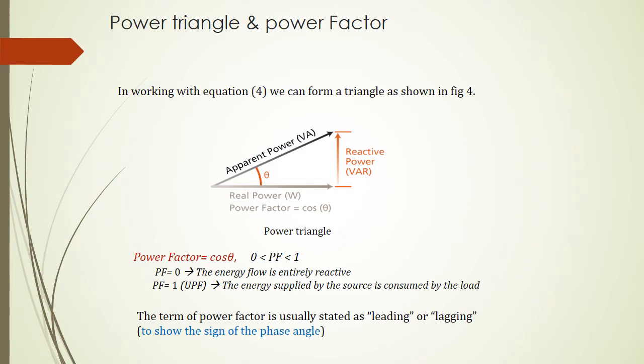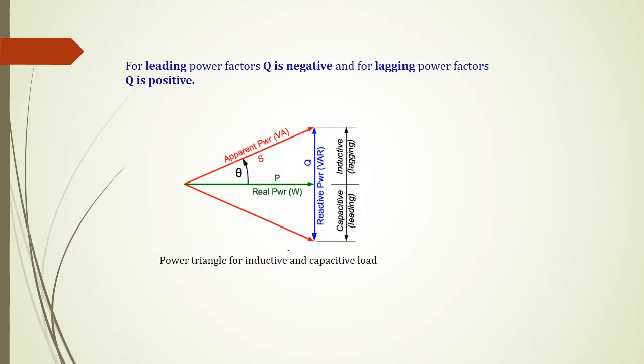That means the energy supplied by the source is consumed entirely by the load. The term power factor also comes with the terms leading or lagging to show the sign of the phase angle. So here is the graph that explains leading and lagging power factor. For a circuit with inductive character, for example, we have inductors, then it has positive Q, and we call this case lagging power factor.